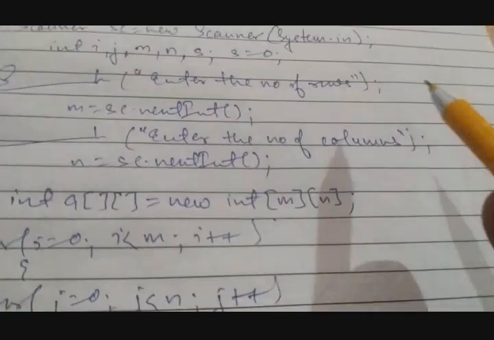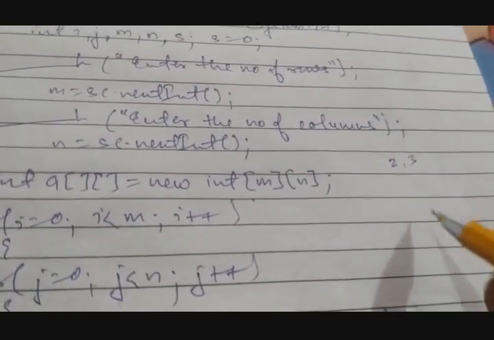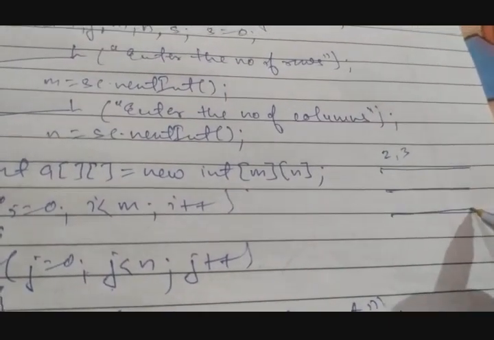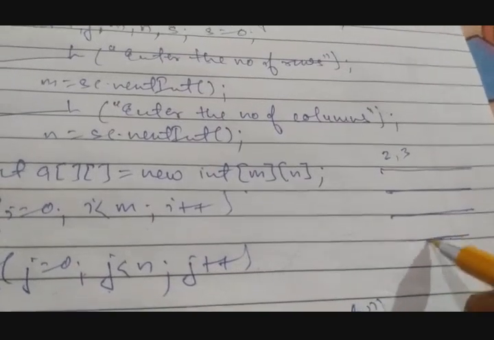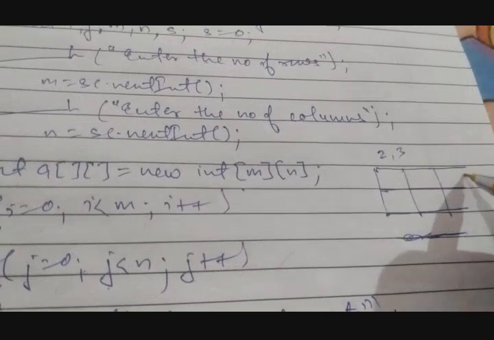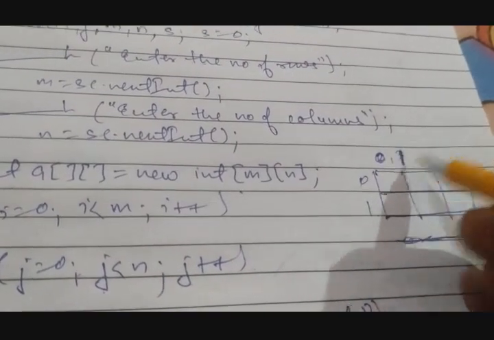Suppose m and n, I enter m as 2 and n as 3. That means 2 rows and 3 columns. Rows 0 and 1, columns 0, 1, 2.